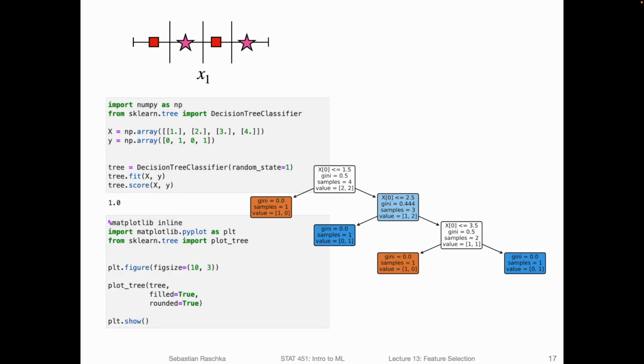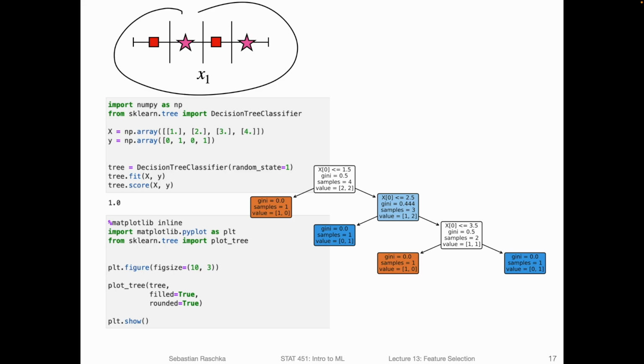Since it has been quite a while since we talked about decision trees in the very early lectures, here I have a coding example to show you that a decision tree would be able to classify these data points perfectly. But also note that perfect classification on a training set does not imply that this model would generalize well to new data.